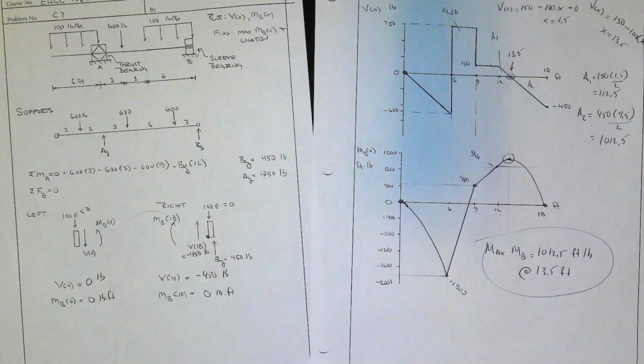Now I have 150 times 3. Well, that's 450. Well, that takes me to 900. Let's see, if that's there, that's about 900. That's right about there. So I'm at 900 foot-pounds.